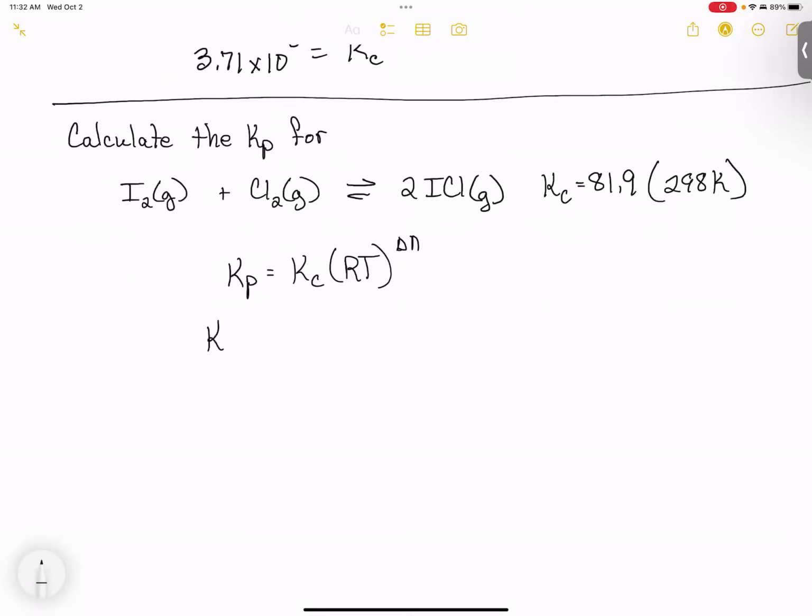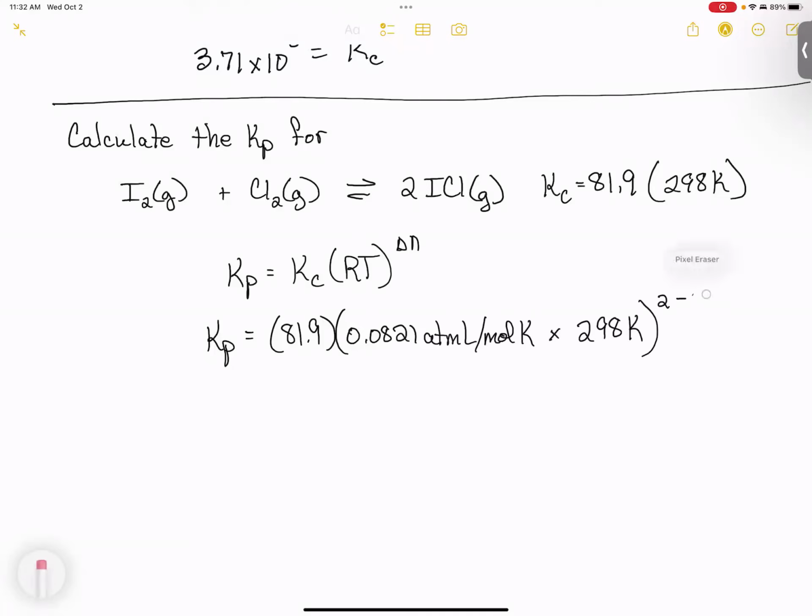So our Kp is equal to 81.9 times our R, which is 0.0821 atmosphere liters per mole Kelvin, times 298 Kelvin, all raised to the power of 2 minus 2. Well, technically it's 2 minus 1 plus 1.